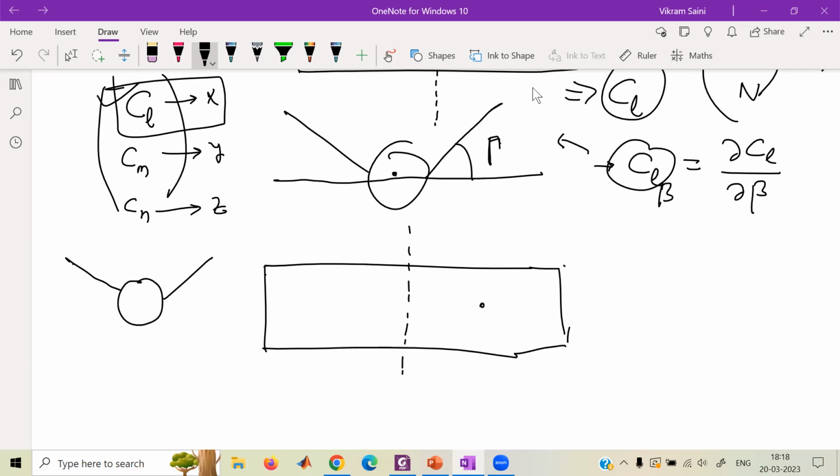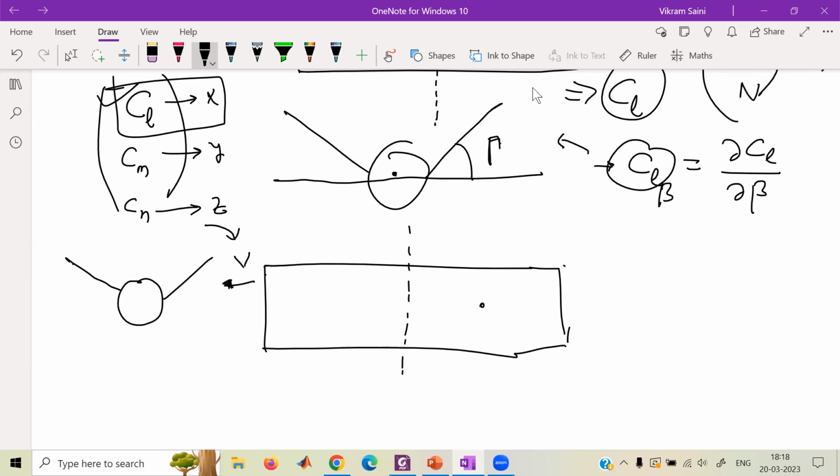For example, if we look from the front and the aircraft is rolling like this, then because of the side slip angle, I have explained in another video why side slip comes into existence, but right now just follow with me, a velocity component from this side will be approaching the aircraft when it rolls by some angle.